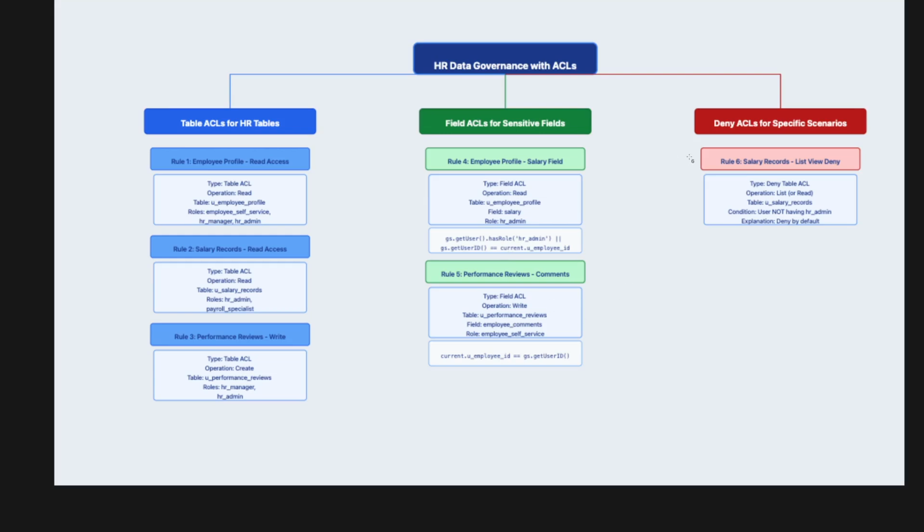And the last one is the deny ACL for specific scenarios where we can apply it to salary records, a custom table, and we can apply the deny ACL here. So we can say that only the senior HR manager or HR admin can see it. Otherwise, it is going to be denied. There's no access to the table for other HR employees or HR representatives.